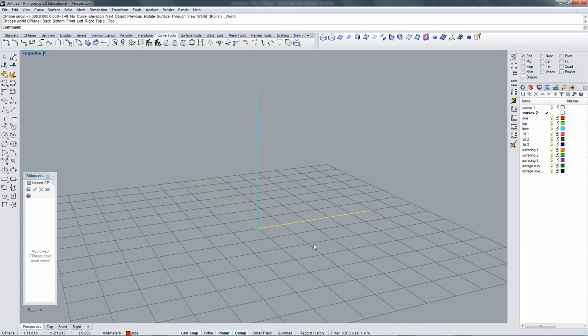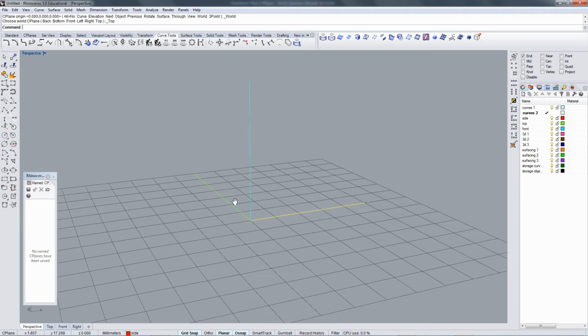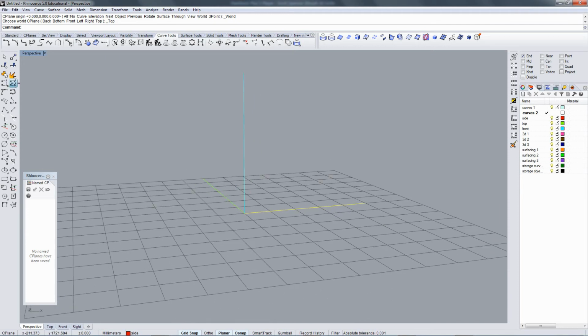Okay, so that means at any point in time in Rhino, you have to be aware of what C-plane you're on, because that is where your mouse is working. That's where you're working, whether you want to be working there or not. So top C-plane active, I'm working in X and Y coordinates.